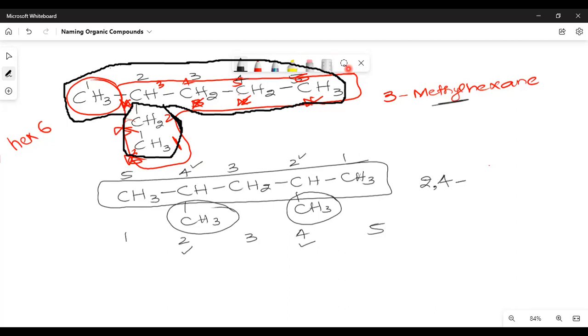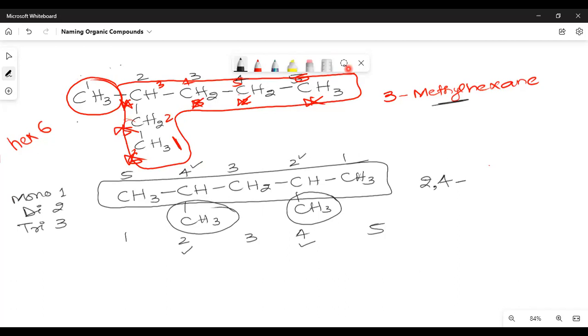Now, since we have two branches, mono means one branch, di means two branches, tri means three branches, and tetra means four branches, right? So these are the number of branches.